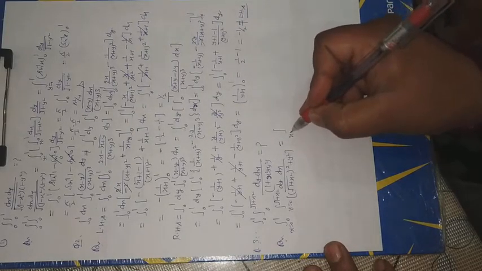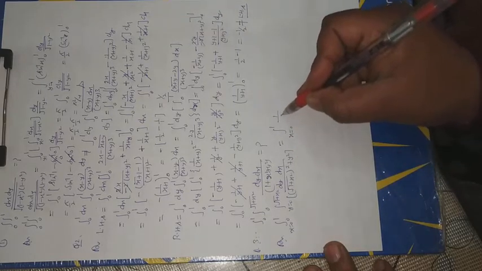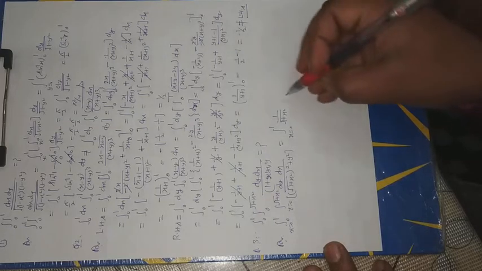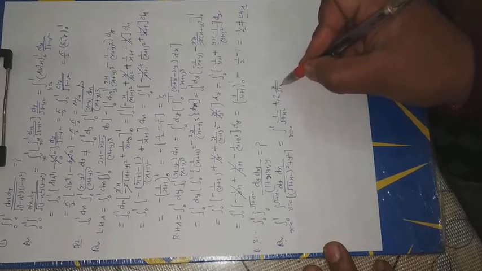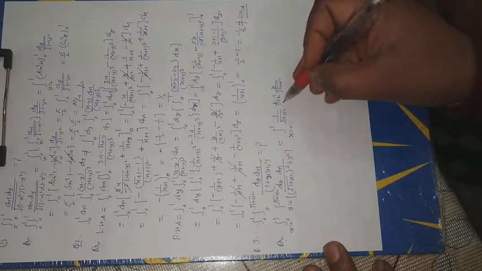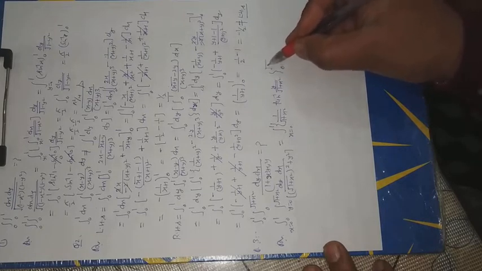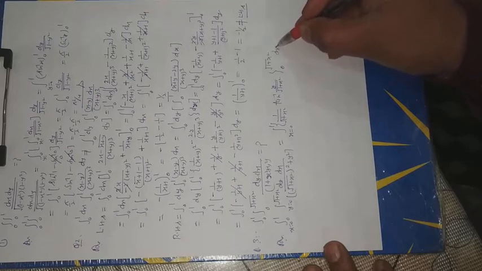Now limit x is equal to 0 to 1. This is equal to 1 upon under root 1 plus x square tan inverse y upon under root 1 plus x square. Okay. This is the limit 0 to under root 1 plus x square. Now dx.